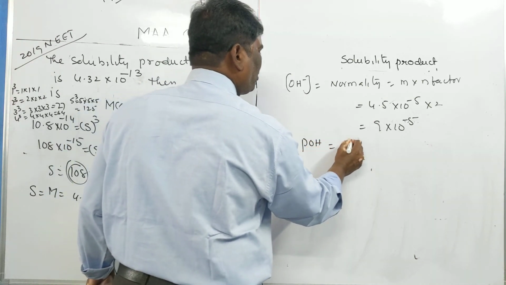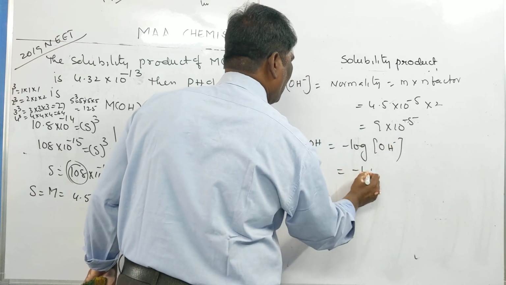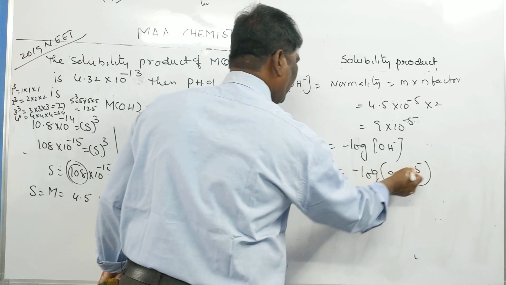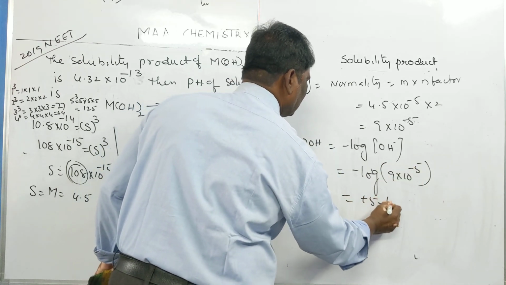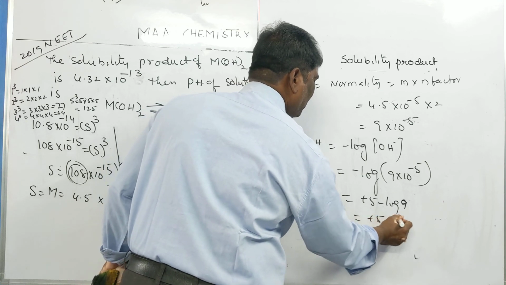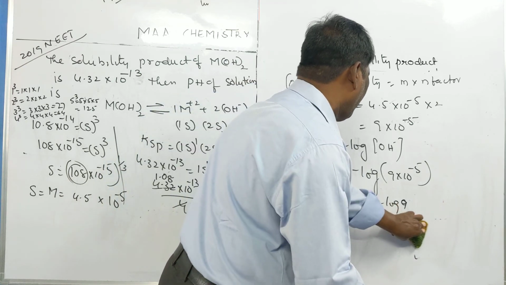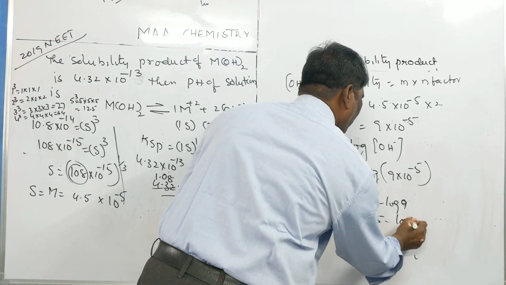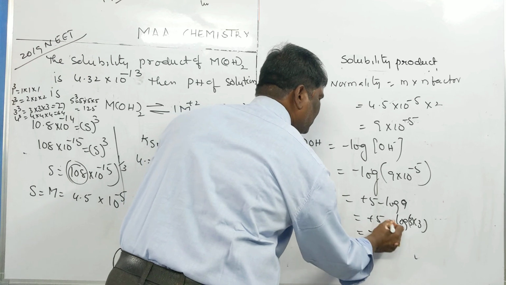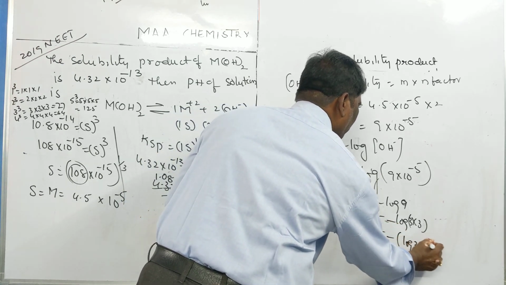Now pOH equal to negative log of OH minus ion. Negative log of 9 into 10 power minus 5. On direct calculation, 5 minus log 9. Log 9 is taken as log of 3 into 3, which can be written as 5 minus log 3 plus log 3.